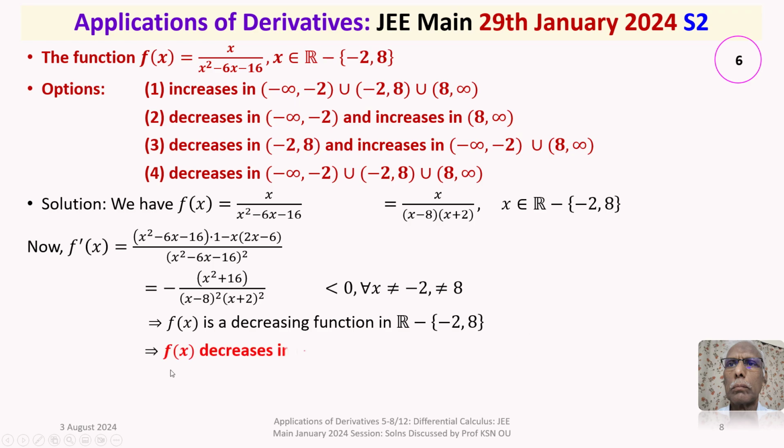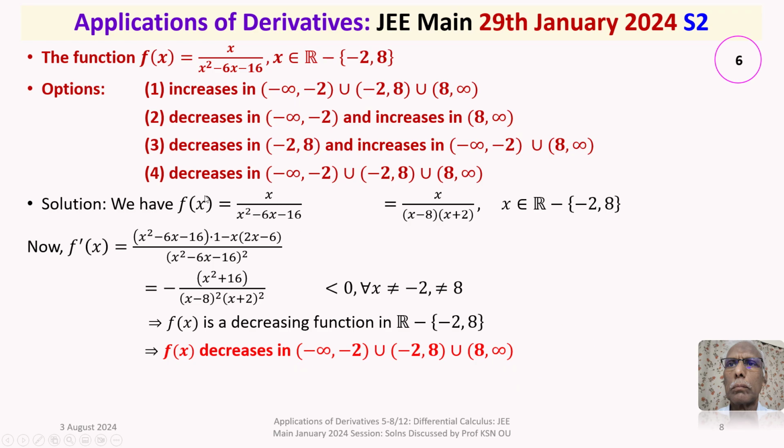This implies f x decreases in R minus the set consisting of minus 2 and 8, which is the same as the open interval minus infinity to minus 2, union the open interval minus 2 to 8, union the open interval 8 to infinity. Minus 2 is not considered and 8 is not considered, the whole real number line.